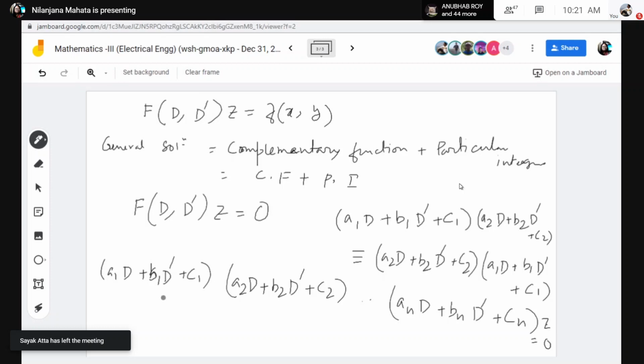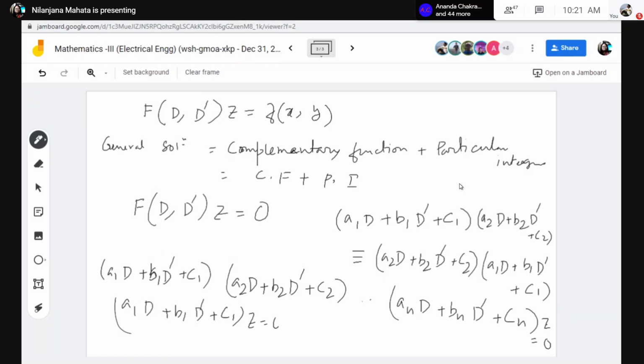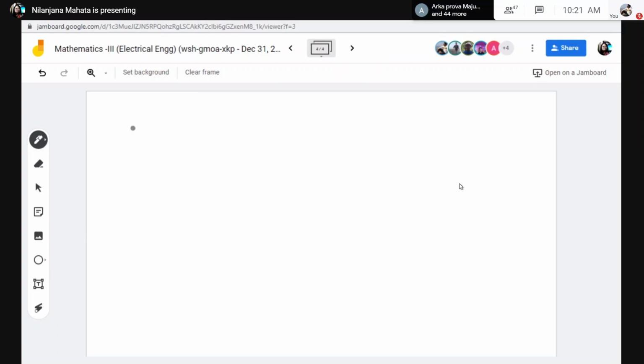We will solve each factor, that is b1 D dash plus c1 on Z. We can individually solve each of them, and then we will sum all of the solutions and we will get our CF. Suppose I am taking a general term like a_r D plus b_r D dash plus c_r.